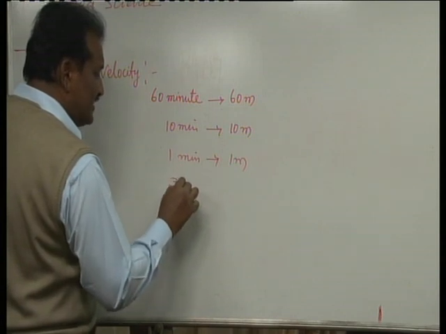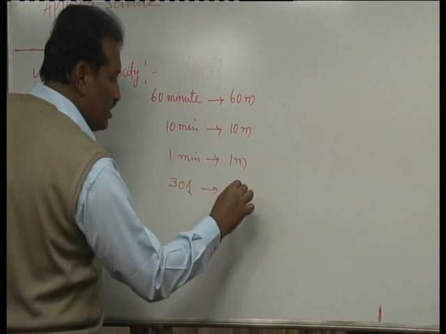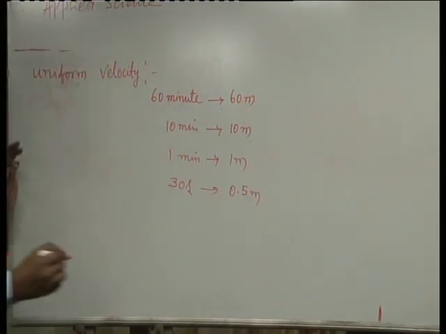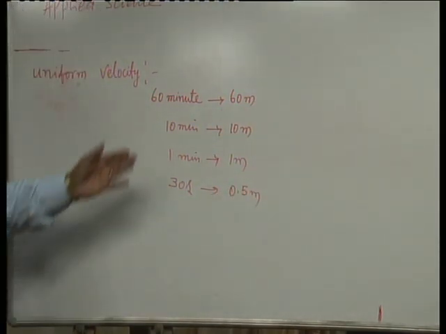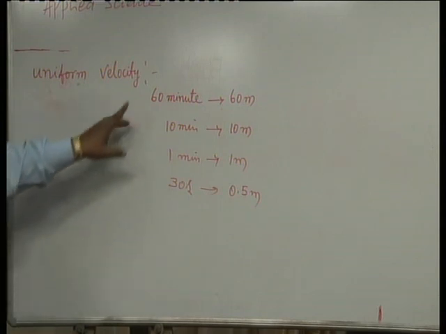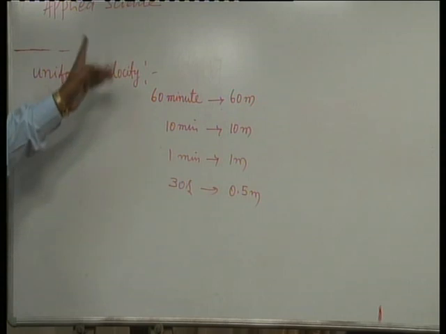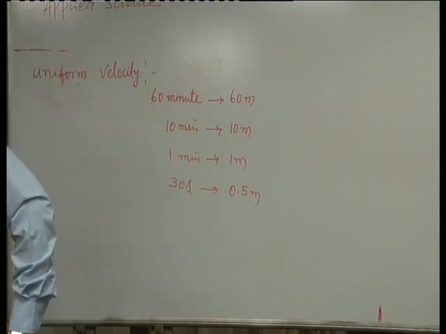In 30 seconds, it travels a distance of 0.5 meter only. If this is the nature of the distance travelled by a material body when it is under motion, then the velocity with which that body moves, you call a uniform velocity.